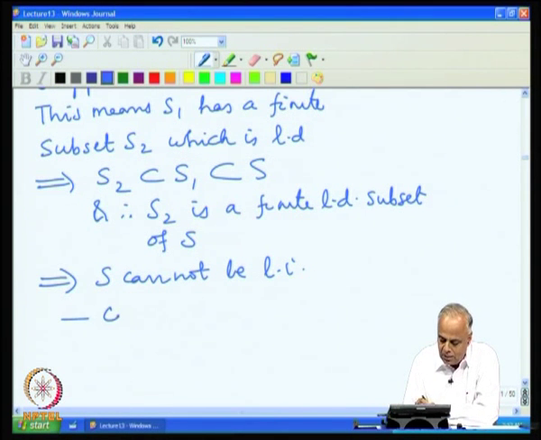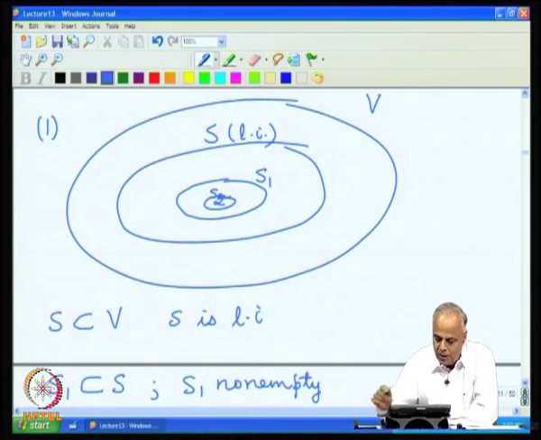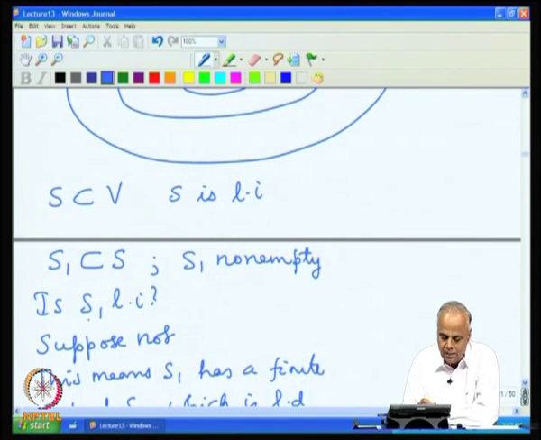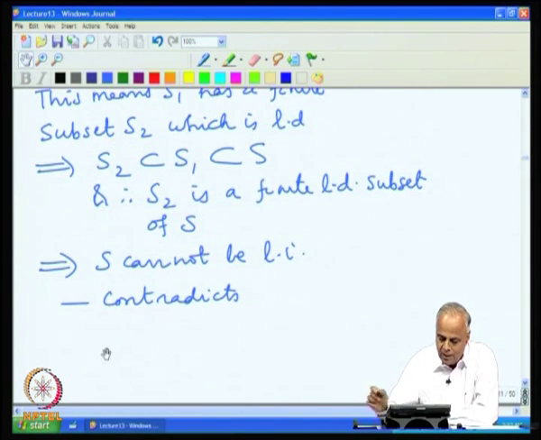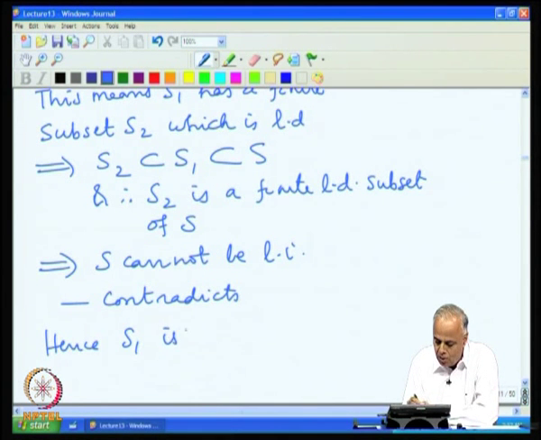This contradicts the starting point, that we started with a linearly independent set. Yes, and assuming that S1 is not linearly independent, we came to a wrong conclusion that the original set was not linearly independent. Hence, S1 is also linearly independent.